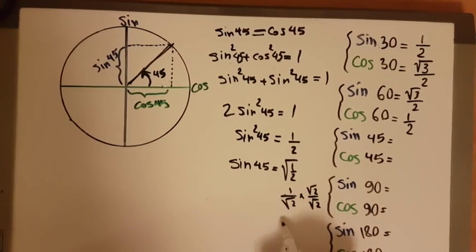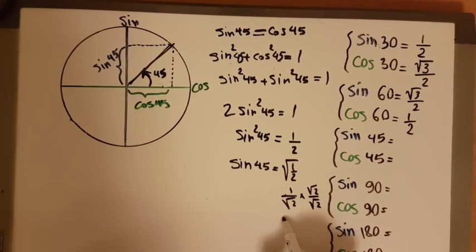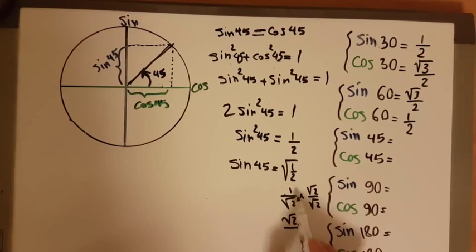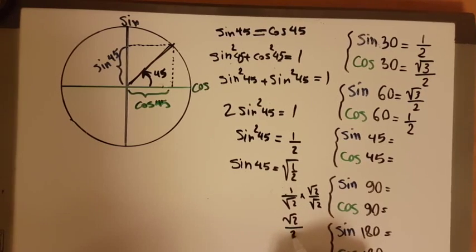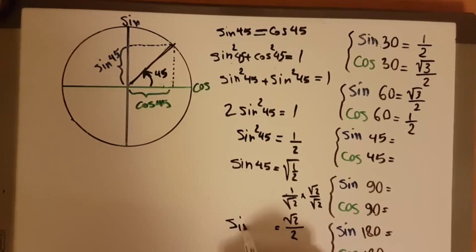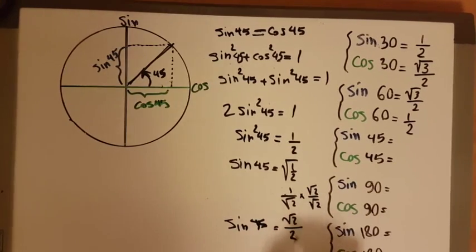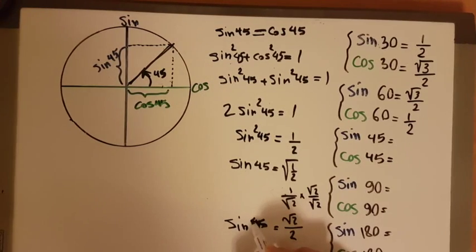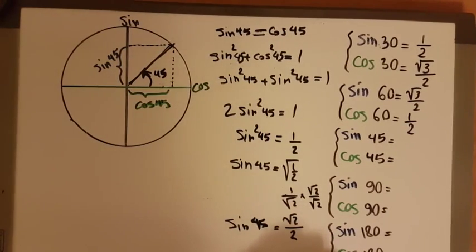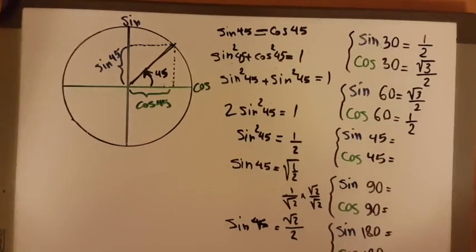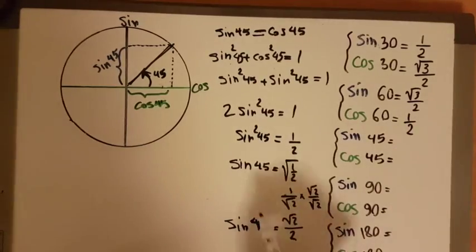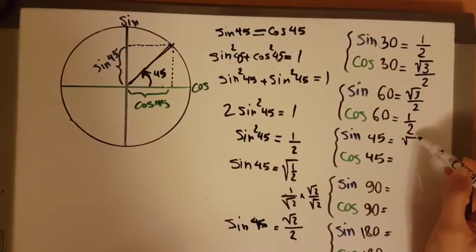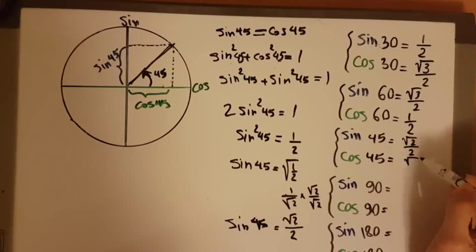So you have radical 2 on the top, 1 times radical 2 would be radical 2, and radical 2 times radical 2 would be 2. So the answer: sine of 45 equals radical 2 over 2. Yeah, it makes sense. And of course, the cosine is equal to this, so both of them are the same.